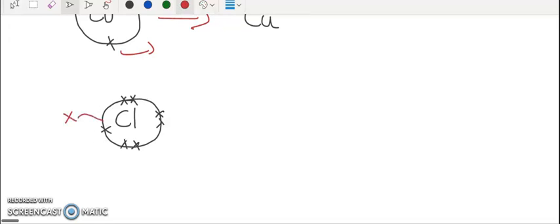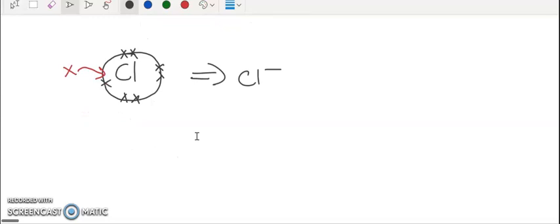So an electron comes and joins here. Now, because chlorine is borrowing an electron, it becomes Cl minus. Similarly, for oxide, carbonate, sulfate, and so on, all the non-metals will form negative ions, whereas metals form positive ions.